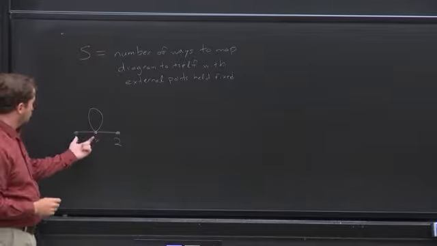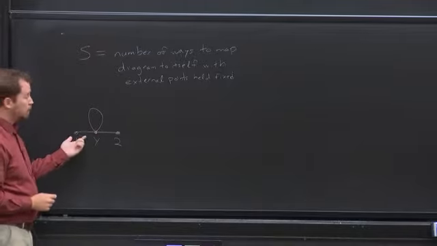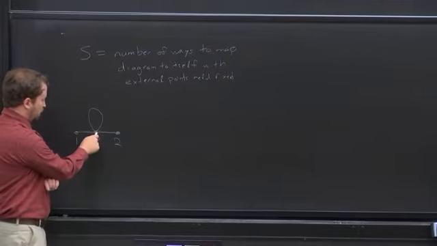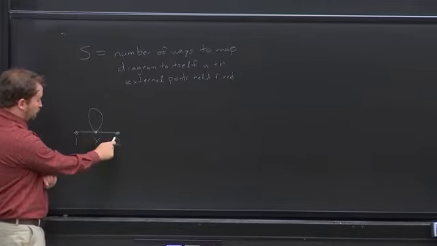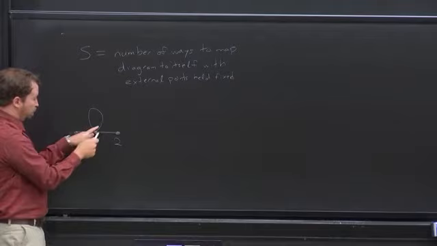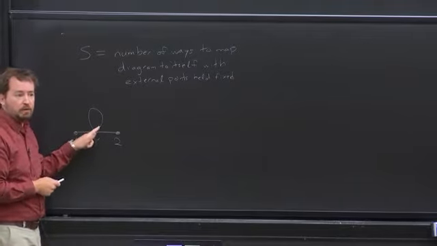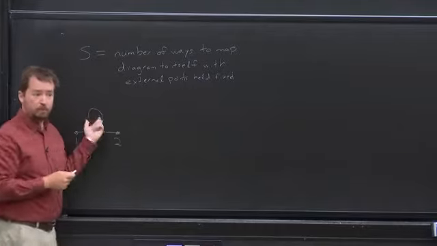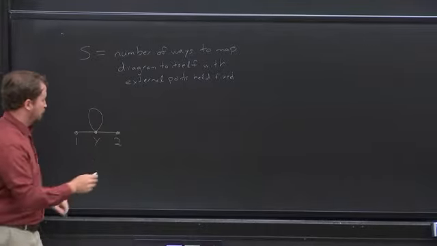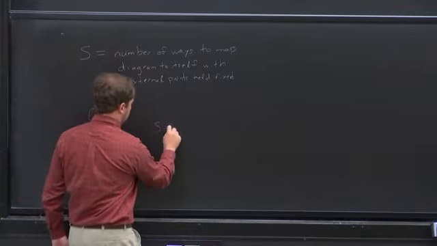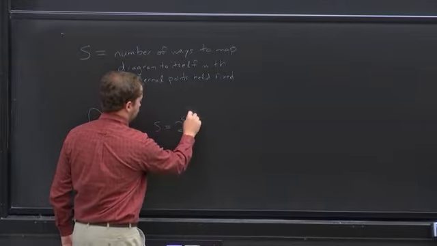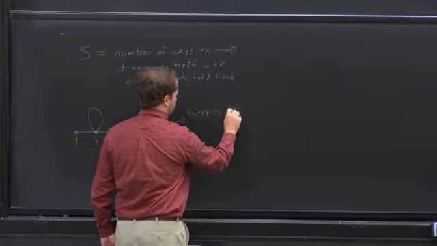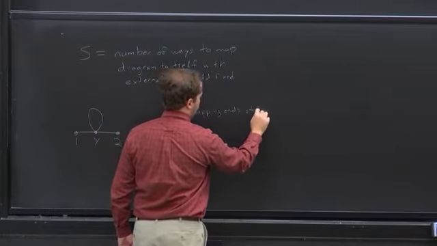This diagram, there's only one symmetry I can do to map it to itself: I can flip the ends of this internal line. I can either flip or not flip the ends of the internal line. So the symmetry factor here is 2. That comes from swapping the ends of the line from y to y.